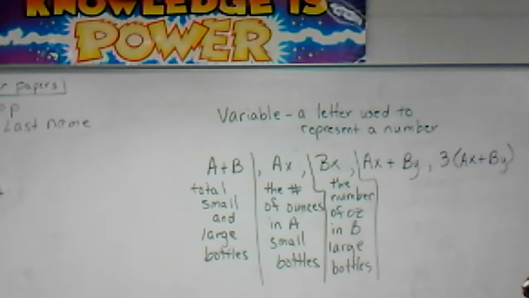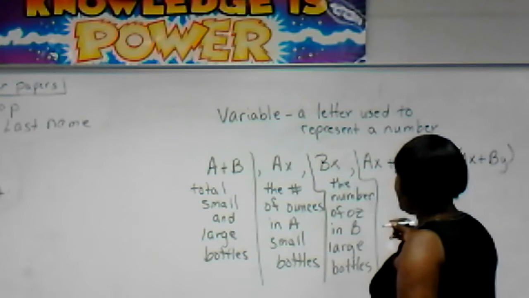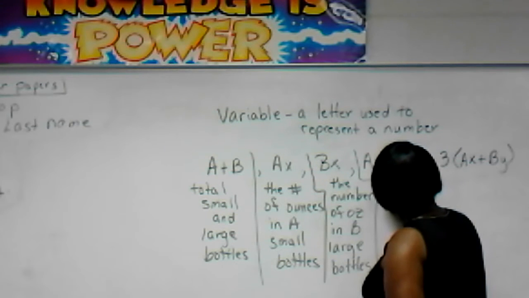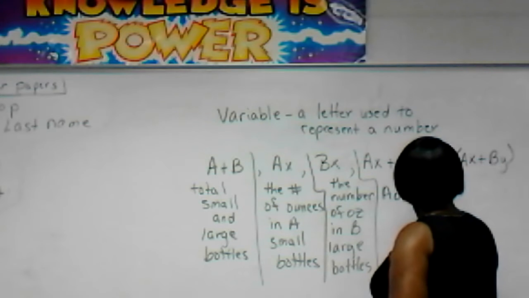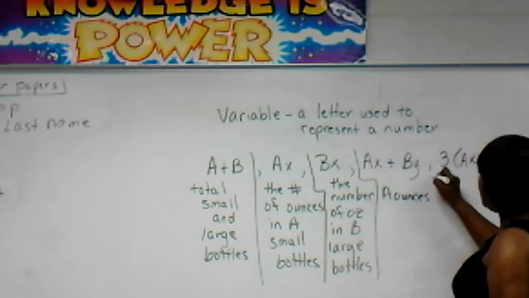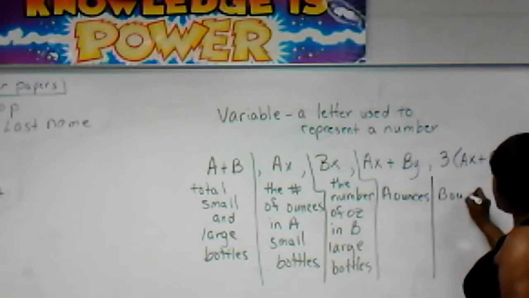Then AX is A ounces, or the ounces in A small bottles. A ounces. BY, B ounces.